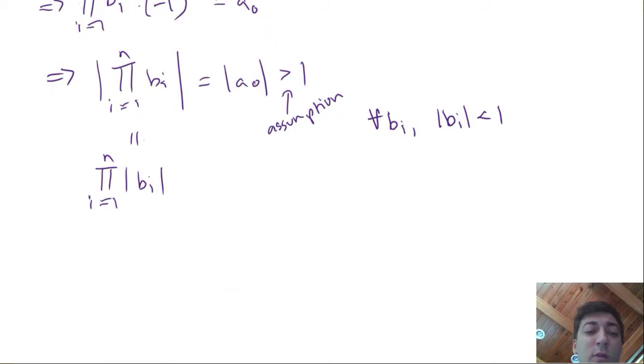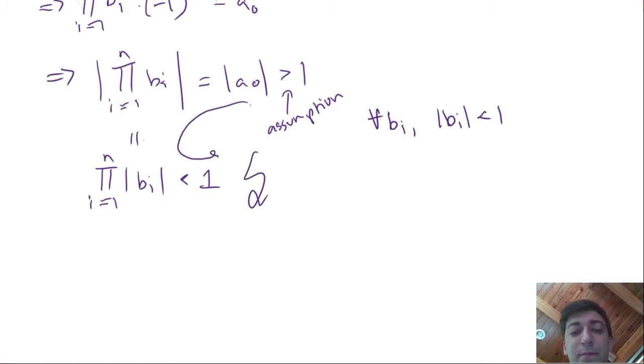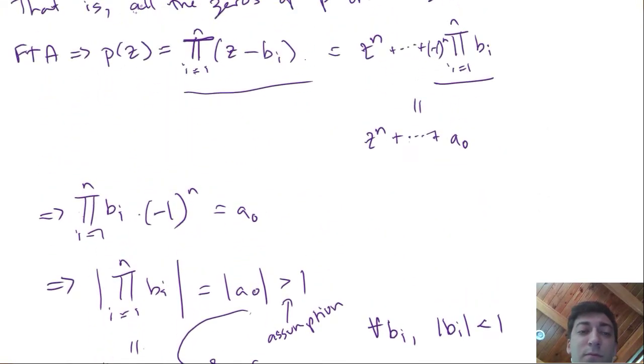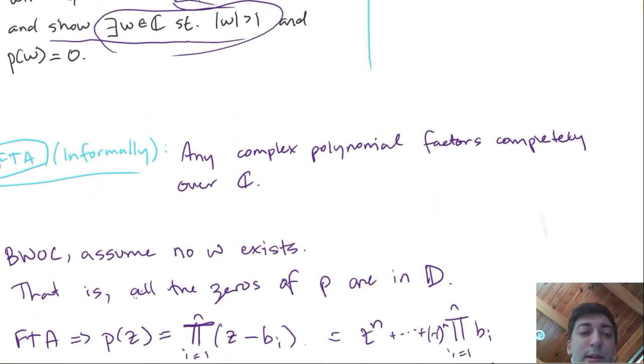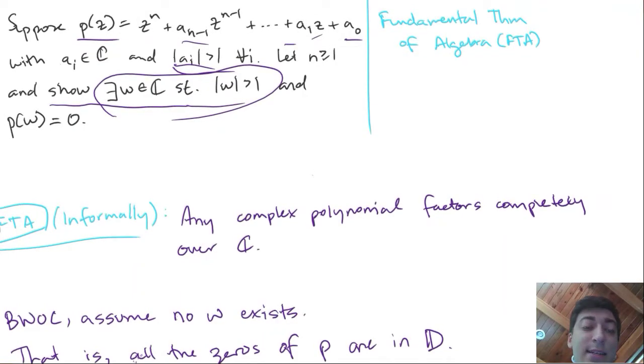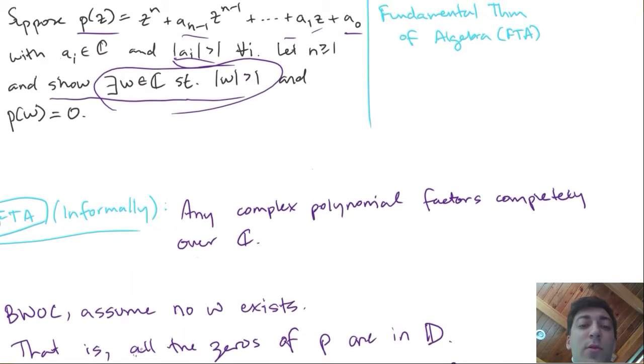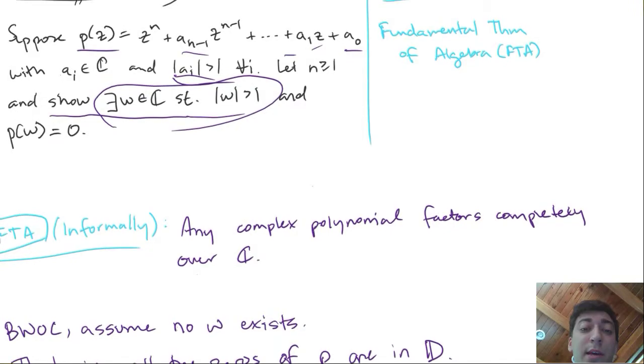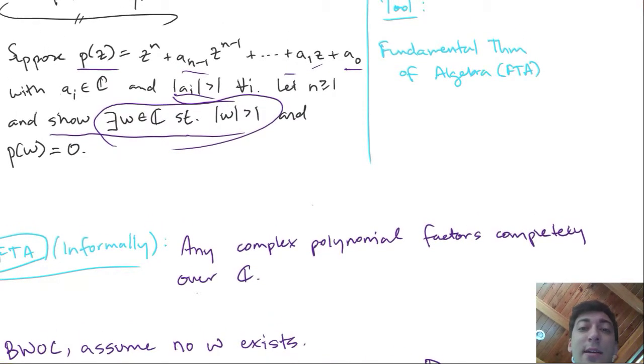But each of these is less than 1, so really the product should also be less than 1, because when we multiply numbers less than 1, we get that. But we just got that 1 is strictly less than itself by following this chain of logic. And that's a contradiction. So in other words, there must exist some complex number which is a zero of our polynomial P, which lies outside the unit disk.